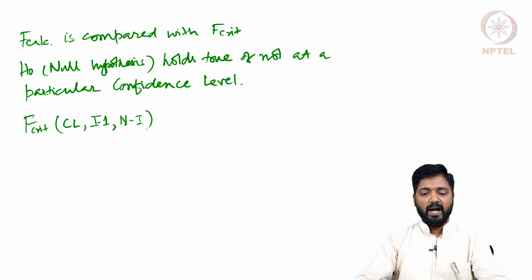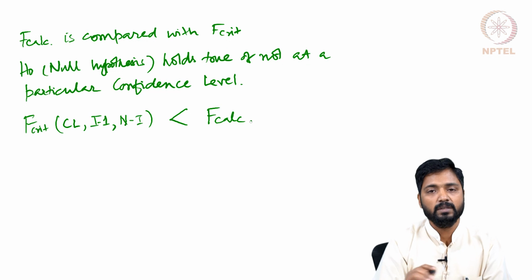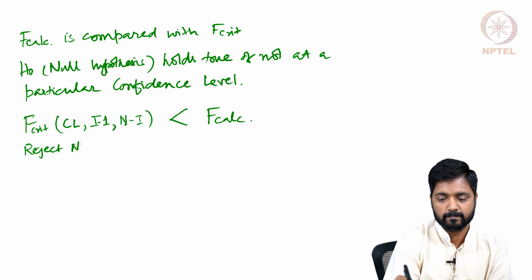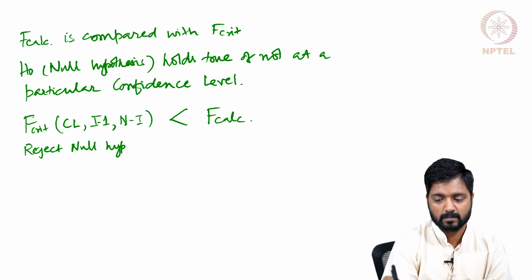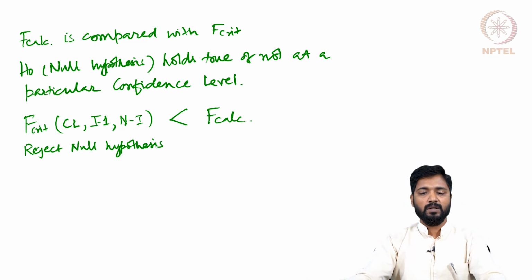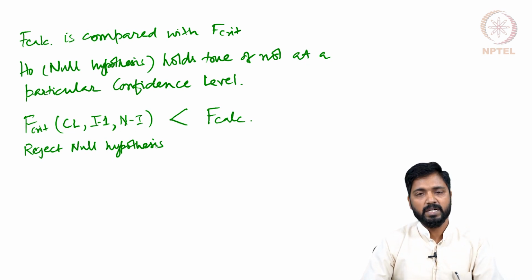Once we have an F critical value which is less than the F calculated value, then we reject the null hypothesis, and at this stage we can only say that at least 2 or more groups of the given data set have means which are significantly different from each other.